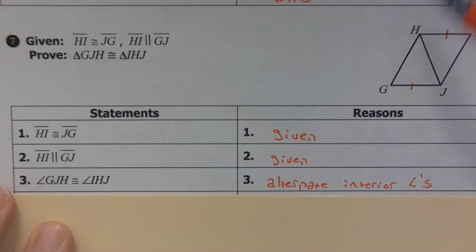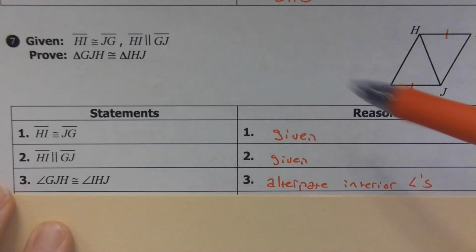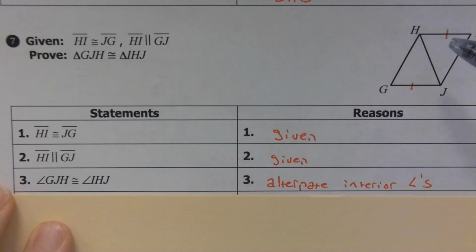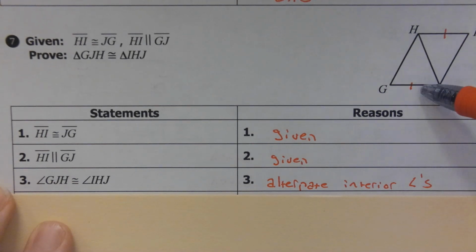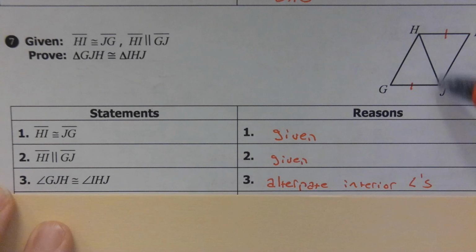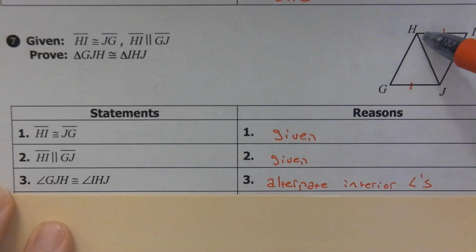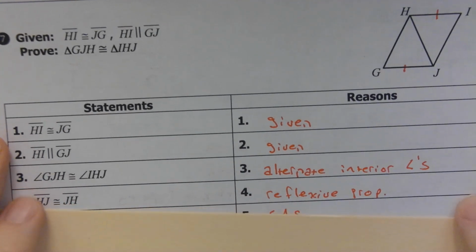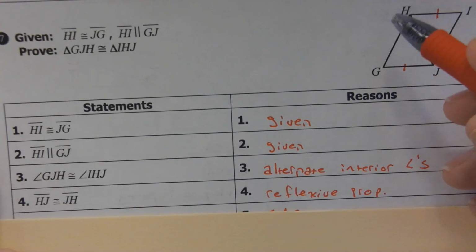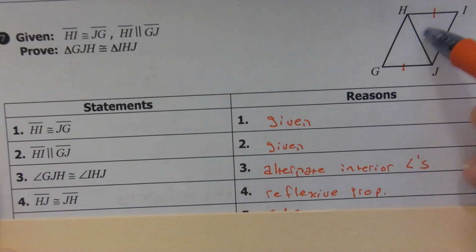Well, since these are parallel, then angle GJH, so this angle here, is going to be congruent to IHJ because they're alternate interior angles. And then we use the reflexive property to say HJ is congruent to JH. So this is equal to itself.